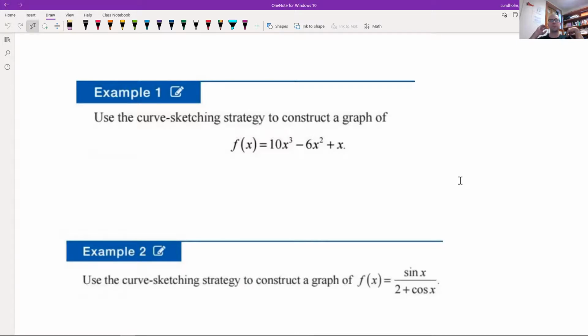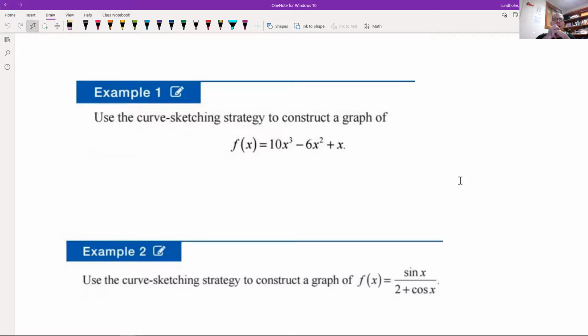One of the things I might suggest is go ahead and try these. If you've still got a decent amount of time left in the class, go ahead and try to do first derivative test, second derivative test. Think about if there's symmetry to either of these.